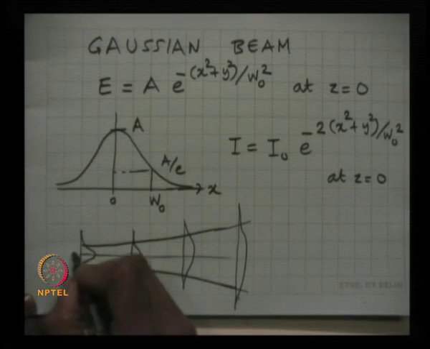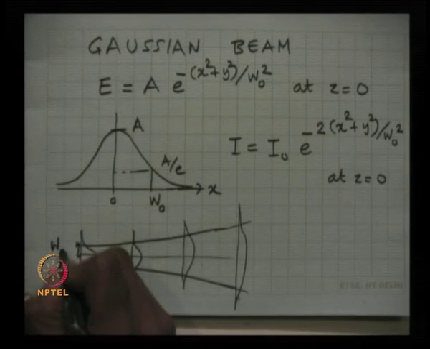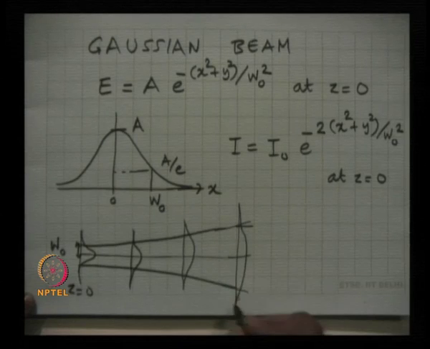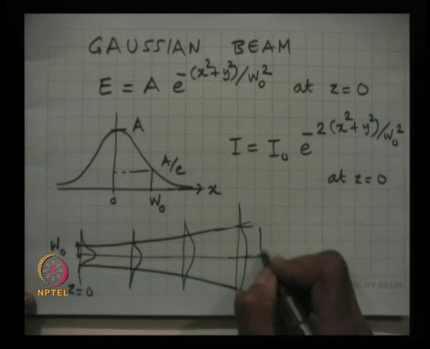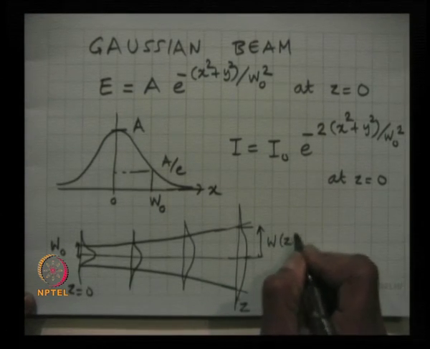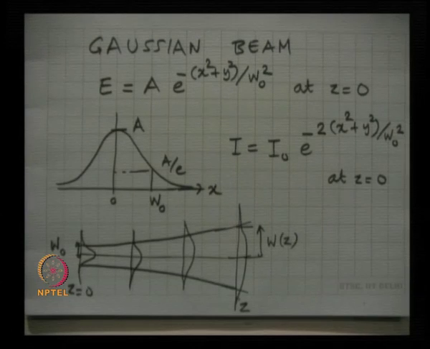If this is w0 here, and suppose this plane I call z and this distance is w of z, then there is a relationship between w of z and w0, which is obtained by analyzing diffraction.